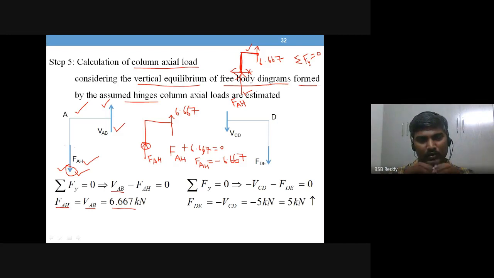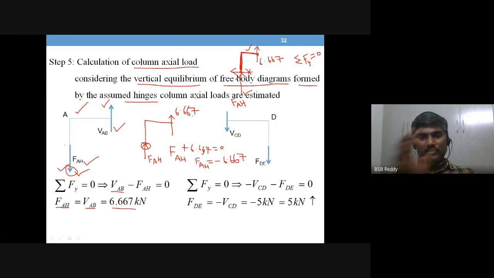Either you guess it in a correct manner, or you just take some direction, and it will automatically be corrected by the equation. If you get a positive value, you keep the same direction. If you have a negative value, just reverse it. That's it. So that's how we proceed.